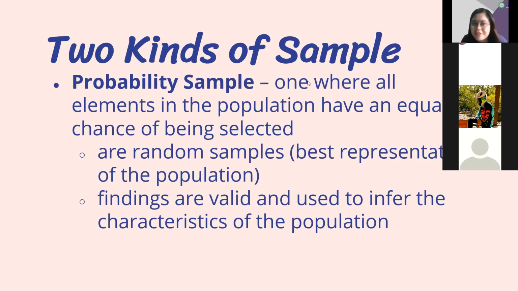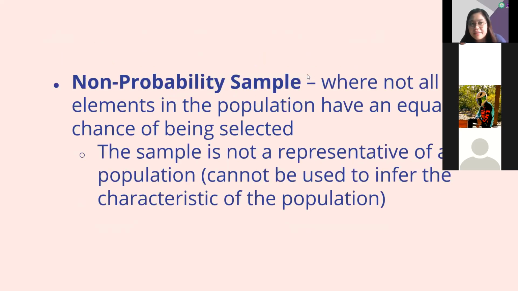Questions so far for the probability sampling? None. Now, how about if we do non-probability sampling, or we have the non-probability sample? Here, we don't really give equal chance to all members of the population to be chosen and to be included in our study.